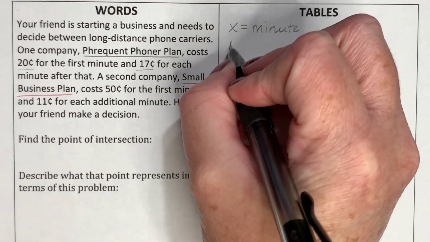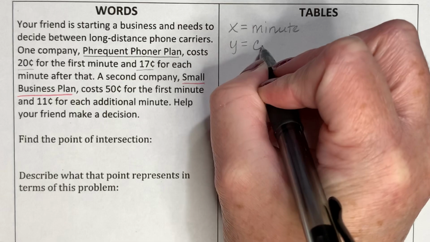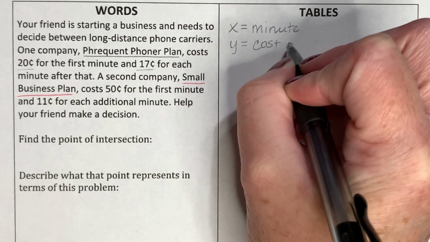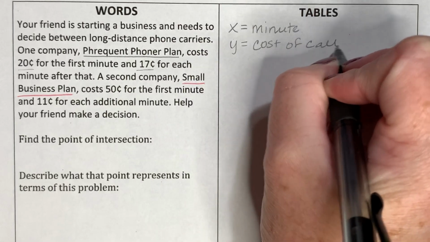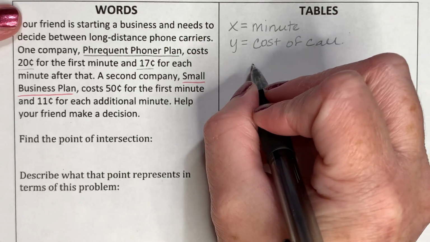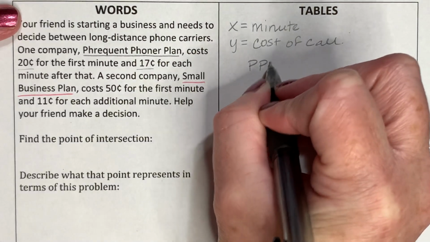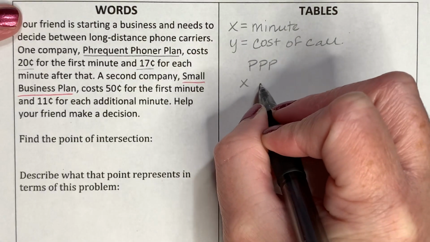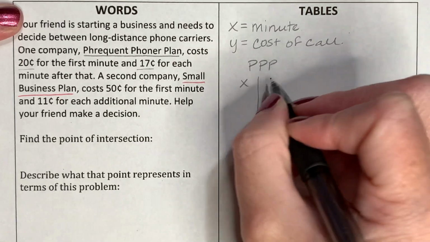And then we also know then that the y value is going to represent the total cost of the call, right? Because I can tell you how much per minute, I can tell you all that kind of stuff, but I can't tell you the total cost unless I know how many minutes we've had. So let's go ahead and make a table. So we're going to do for PPP, we're going to say X and Y.